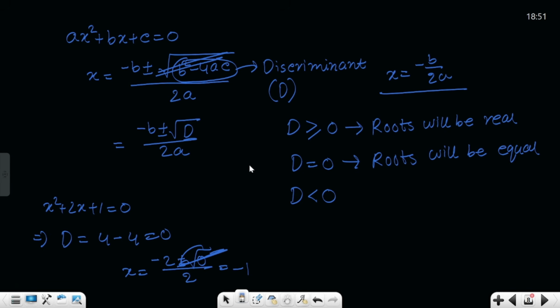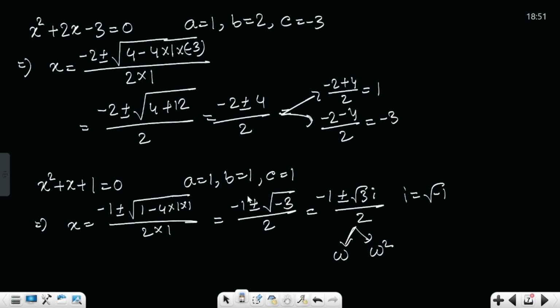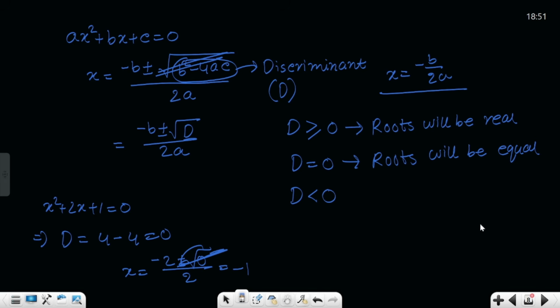You can easily see the logic. I have taken that example before. Here, the discriminant is minus 3, so root over minus 3 will be a complex number. The roots are minus 1 plus minus root 3 iota by 2, which is a complex number. So if d is less than 0, roots will be complex.